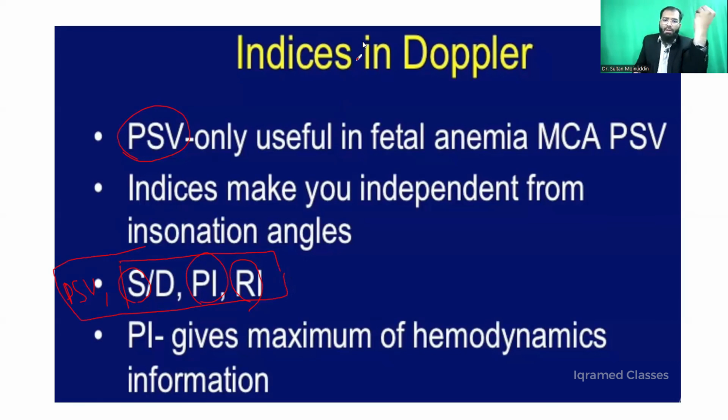People are confused between PI versus RI. So which is better? Is it PI or RI? So the correct answer is PI, pulsatility index. PI is the best measure of hemodynamic information.